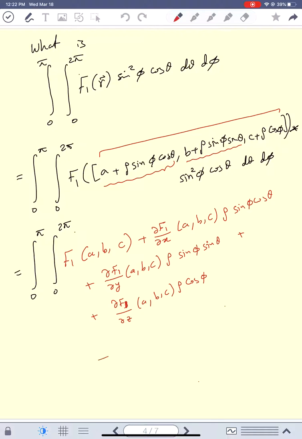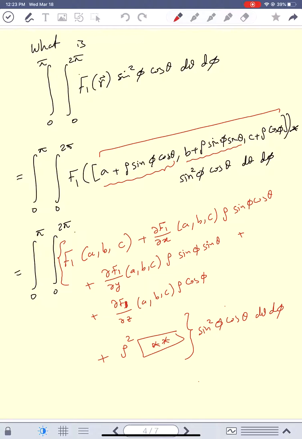And after this you will get for sure a certain quantity multiplied with rho square. I don't care what this quantity is. Okay, there will be a certain quantity. All of this is multiplied with sine square phi cosine theta d theta d phi.